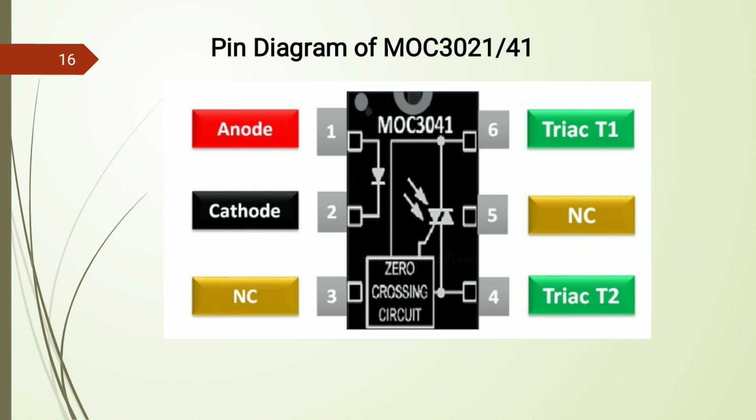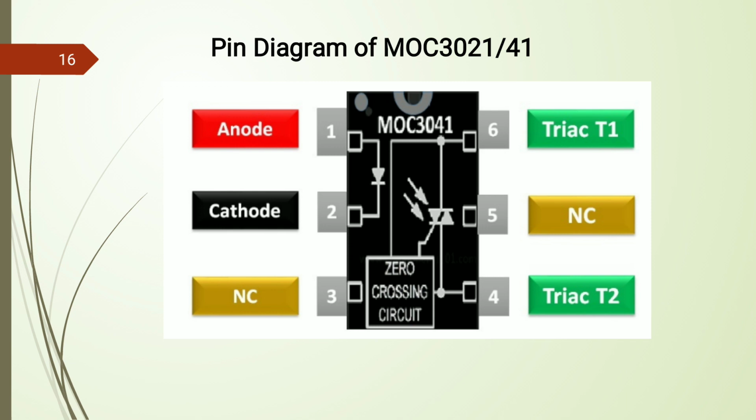After activating this diode, the light emitted by this diode is incident on a triac, which consists of MT1 and MT2 terminals at pin number 6 and pin number 4. 5 is not connected, and the gate terminal is activated, that is the optical signal is received by the optical signal receiver.